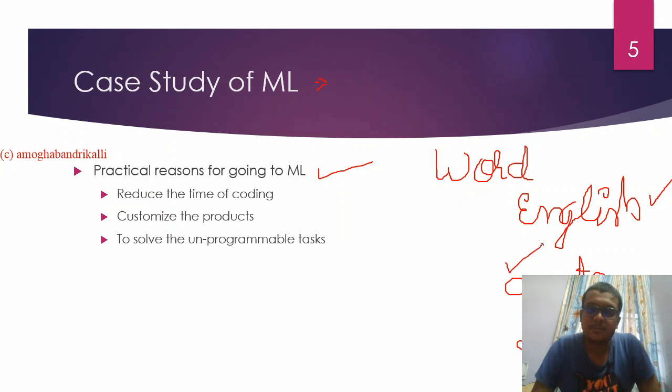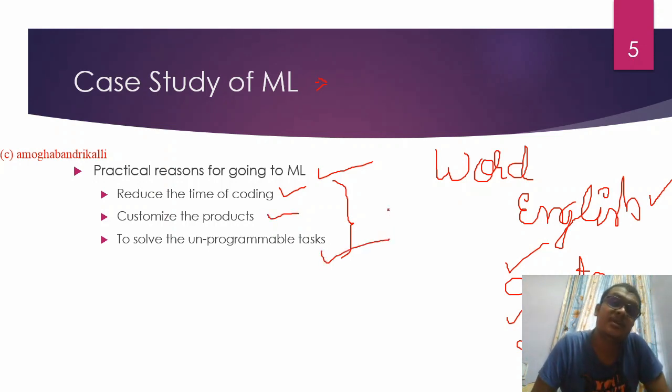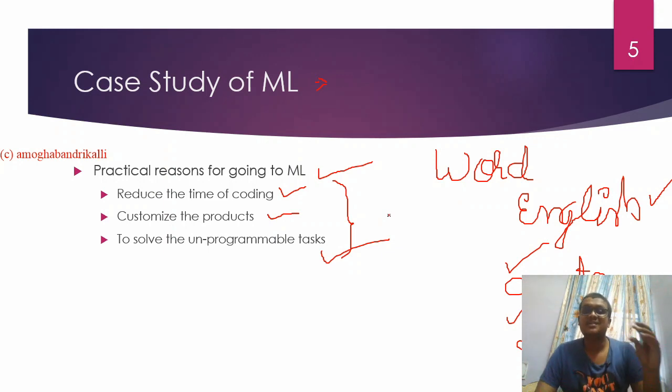It should make auto corrections, or it should provide corrections, or it should provide suggestions for correcting the values. So these are all the reasons. Reduce the time of coding, customize the products to solve the unprogrammable task. Let me explain all these things, like how to reduce the time of coding.